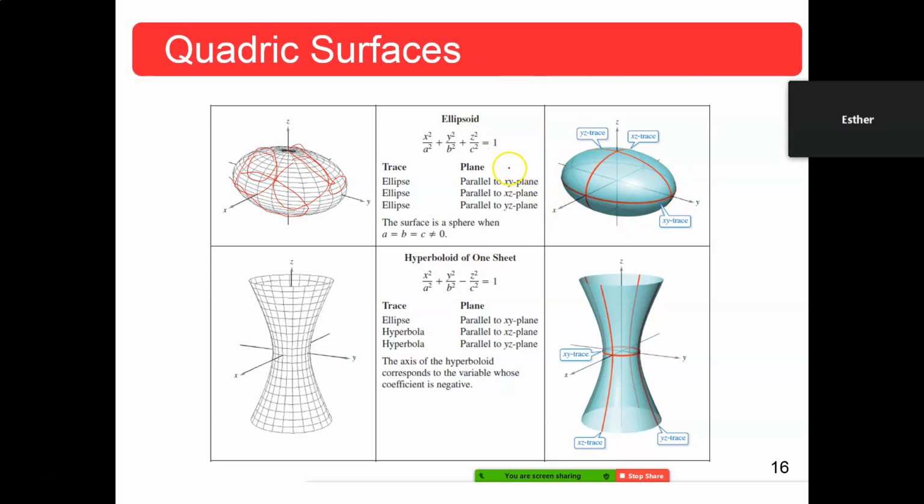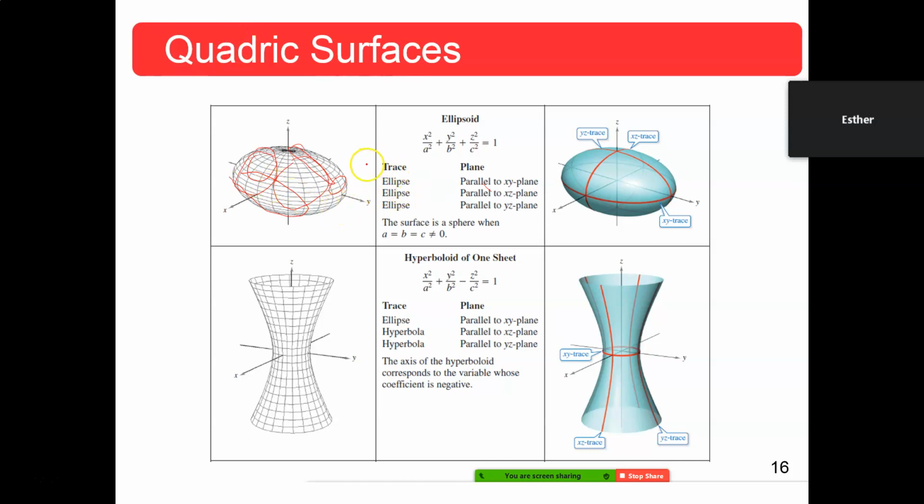Or y is equal to 0, that would be the xz ellipse here. Or whatever you've got left, the x equals 0, that would be the YZ ellipse there. So there's the ellipsoid. Always a closed shape. Every dimension you would have an ellipse. However you cut it, everything parallel to any of the planes would be an ellipse.